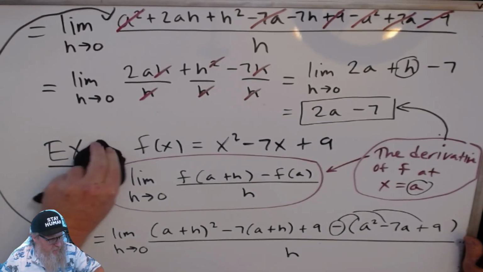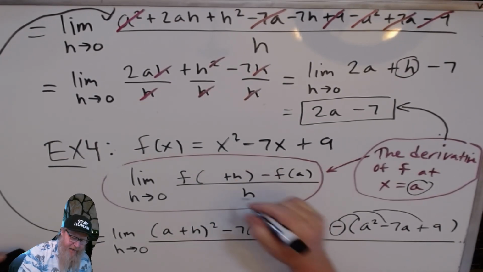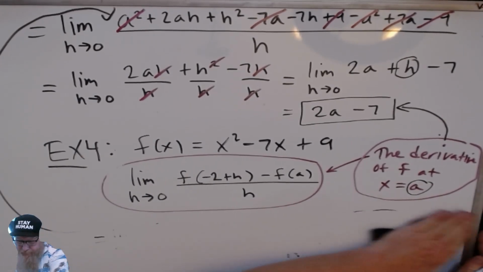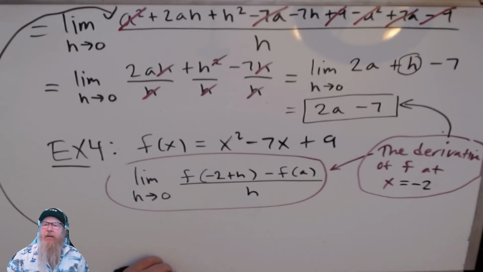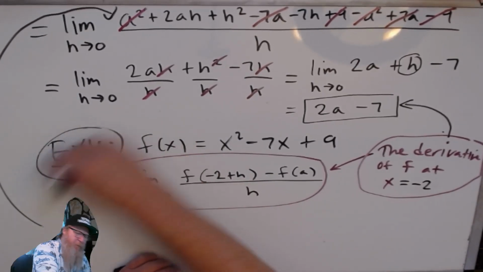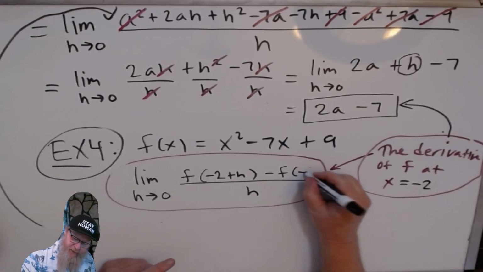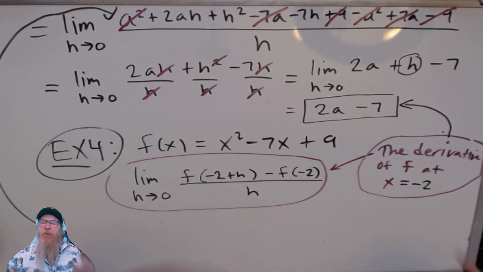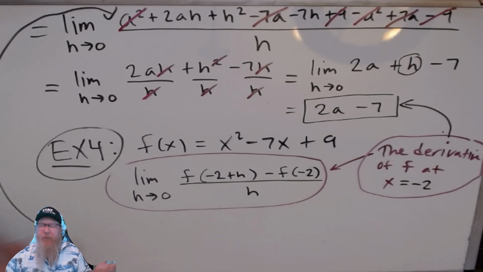So I could say, example 4, watch how easy this is. Let's make a be -2. I'm not really going to do the whole problem again. For the sake of numbering, I'm going to call it example 4. Everywhere that there's an a, I'm putting a -2. So what's the derivative of this function at -2? Well, I already know.